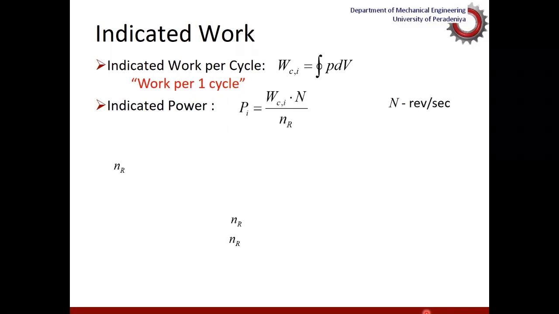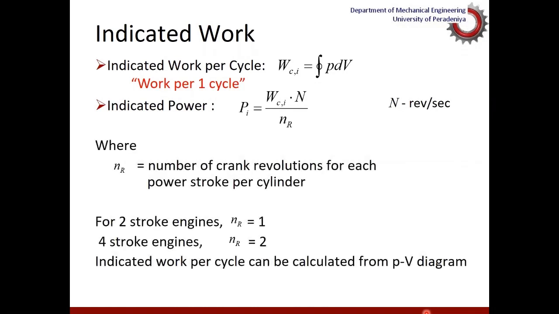Therefore, the indicated power for any engine can be represented as Wn over Nr, where Nr equals 1 for two-stroke engines and 2 for four-stroke engines. So it's a direct conversion. You multiply the work per cycle by the number of cycles per second, which is directly related to the engine speed. So that is indicated power.